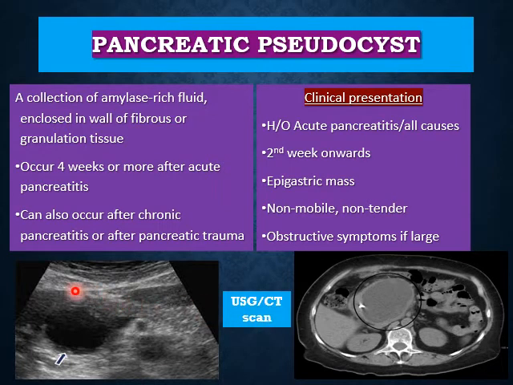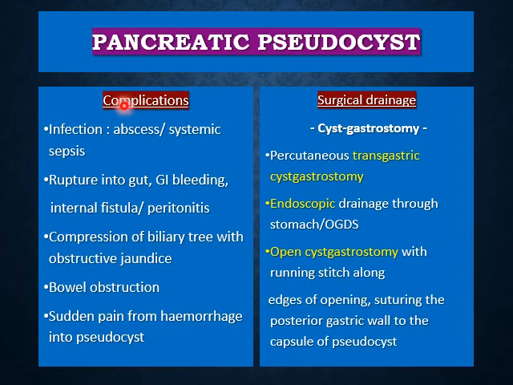Okay, this is an ultrasound picture showing you a cyst around the pancreas. And here, a CT scan, which shows more clearly a pseudocyst of the pancreas. So we come to the complications and surgical treatment of pseudocyst.